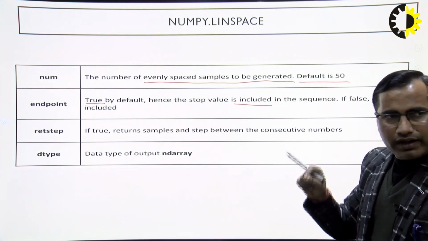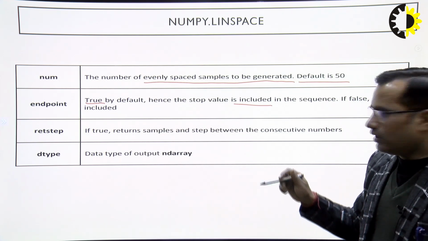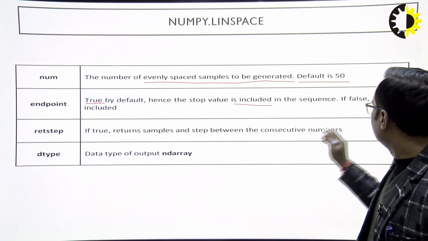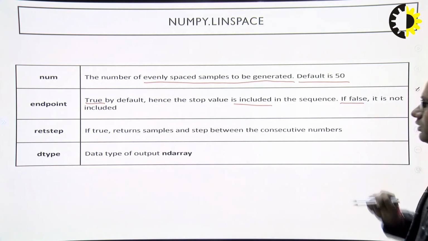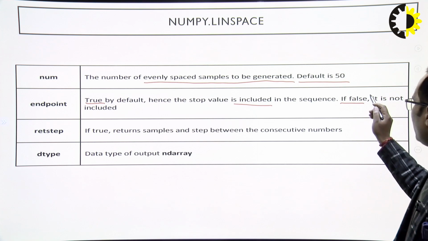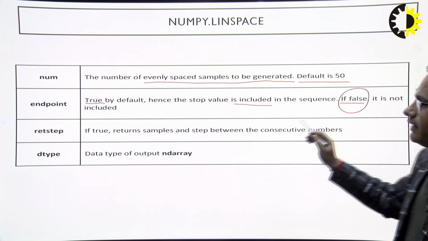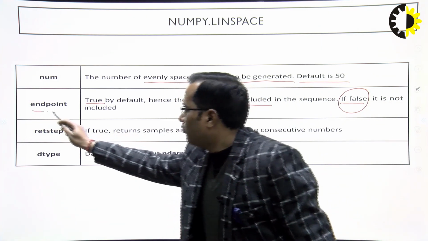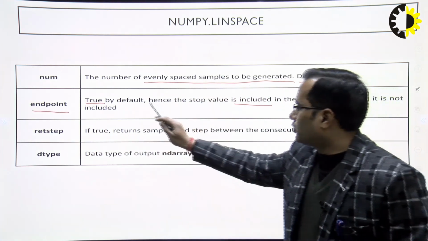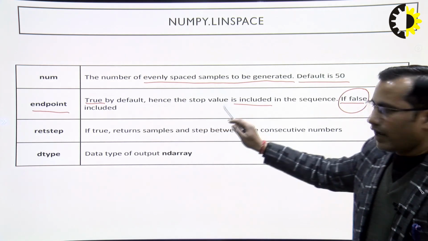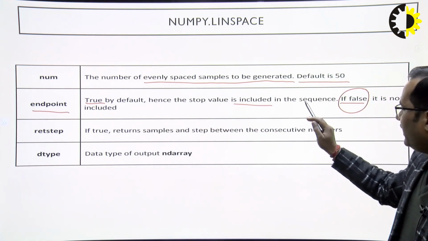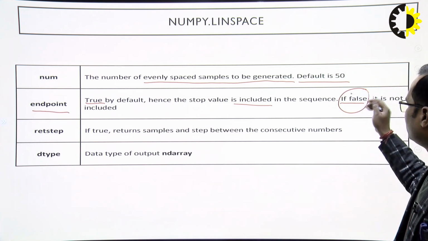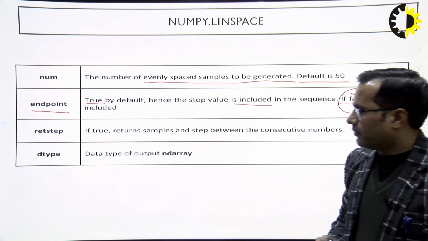That means if we do not want to include this value, we have to provide the value as false. So the endpoint parameter's default value is true, which means this value will be included, and if we do not want to include this endpoint value, we have to provide the value as false.